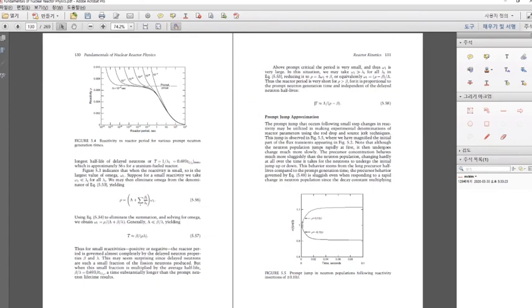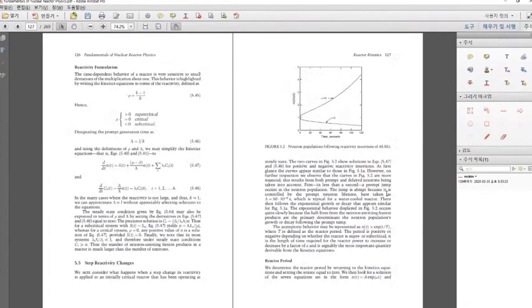And then, by looking at figure 5.2, the characteristic of power change is that after inserting positive or negative reactivity, reactor power suddenly increases or decreases to some level, and then follows exponential growth or exponential decay.